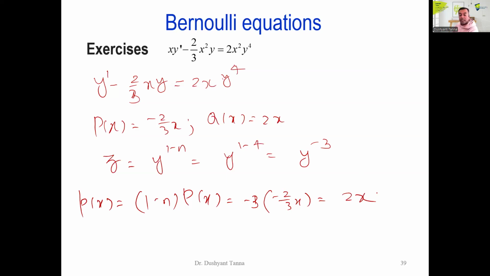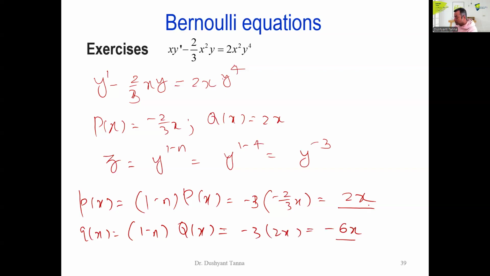Nice and simple. Small px is 2x. Then I'll go with small qx also. Again, 1 minus n times capital Qx. So that's like minus 3 times 2x, which will be simplified as negative 6x. So they're not that horrible, right? Which is a good sign.